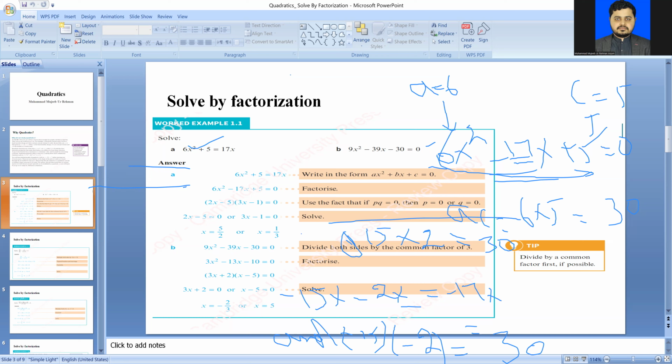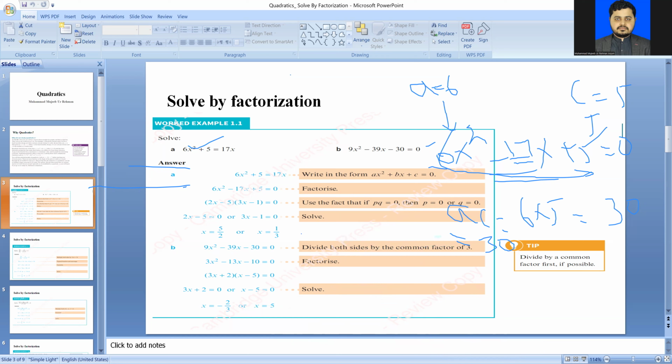So by using this fact, we will solve our example easily. I hope you have understood this technique. I have guided you in more detail in order to practice more examples and questions.